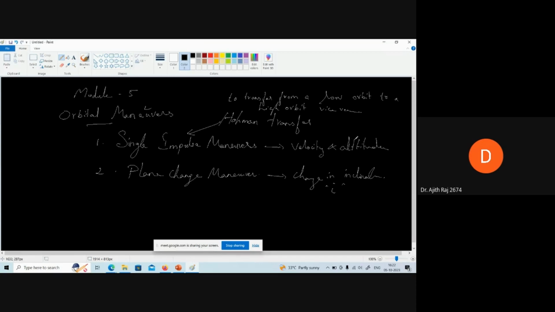So here what we are doing is we can change the satellite from one elliptical orbit to another elliptical orbit, or from one circular orbit to another circular orbit.